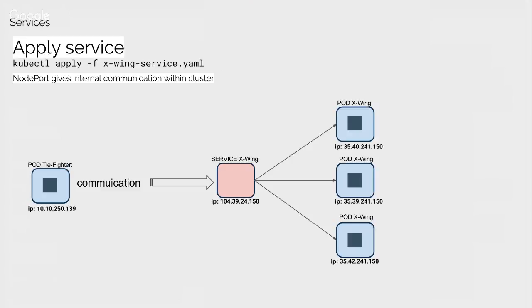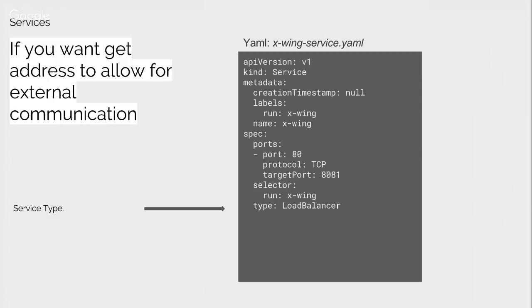So now we have an X-Wing service, and as you see here, it's backing those 3 X-Wing pods that we created. If something wants to communicate with those pods, it can go through the service, and if any of those pods change, it doesn't matter. You can still communicate because you're going through that service.